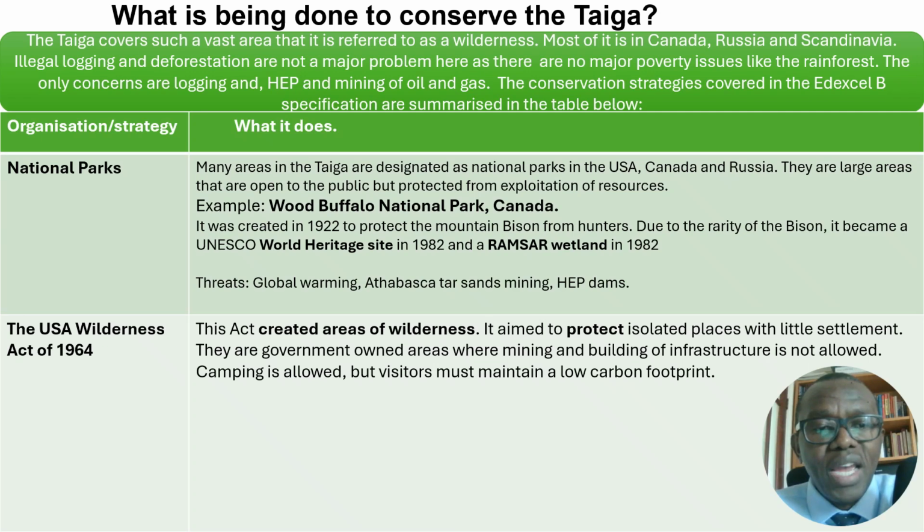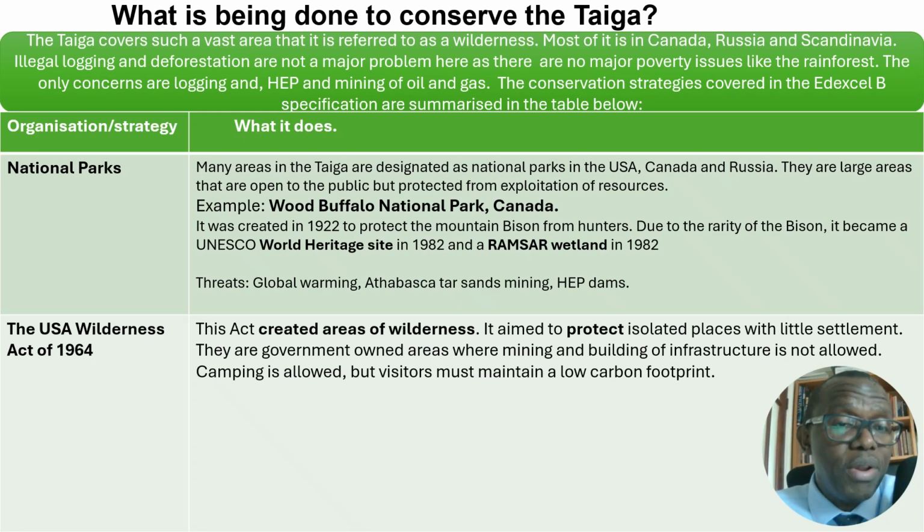So the taiga covers such a vast area that it's referred to as a wilderness. Most of it is in Canada, Russia, and Scandinavia. In the taiga, illegal logging and deforestation are not a major problem, because there are no major poverty issues like we have in the areas where the rainforests are found.